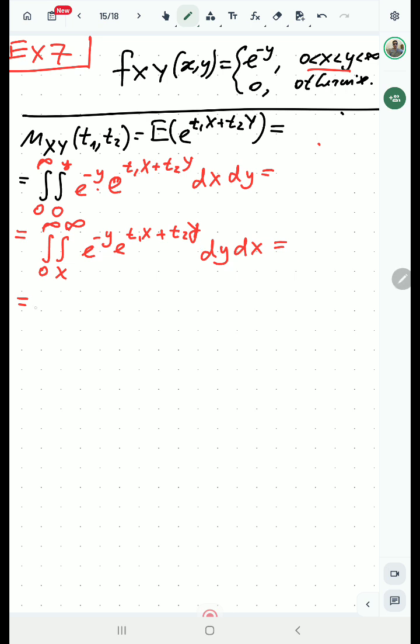Obviously we can rewrite it. If you integrate with respect to y, what you're going to receive is e to the power (t1 x plus (t2 minus 1) y) over t2 minus 1, right?